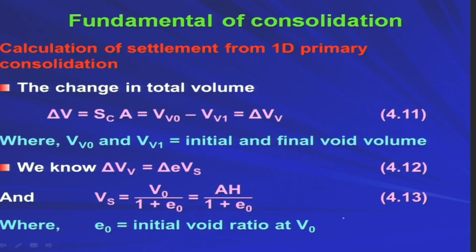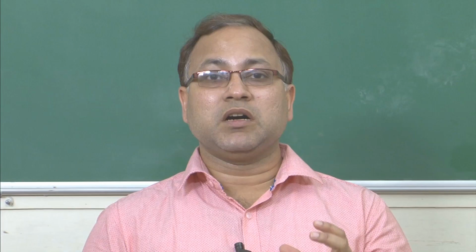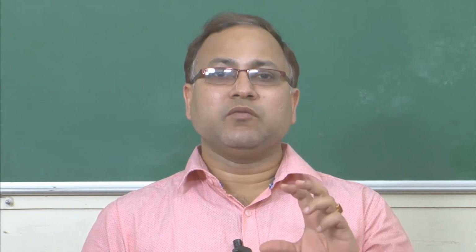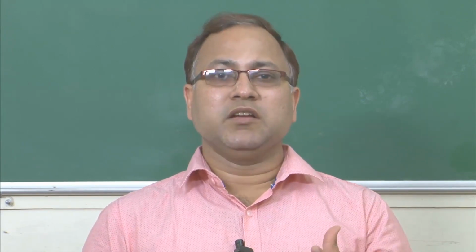Now, the change in total volume delta V, we have seen, is equal to S_c into A, and is equal to V_V0 minus V_V1. What is V_V0? V_V0 is the initial void volume, and V_V1 is the final void volume, because whatever volume change you observe is simply the volume change in the void space.